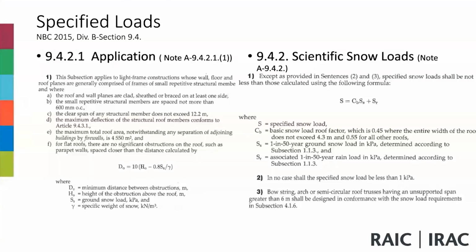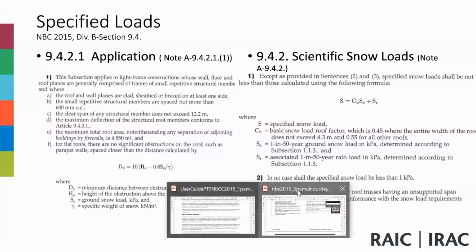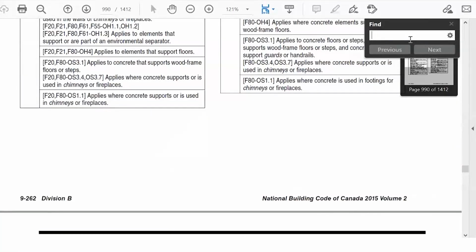This is not scientific snow loads, it's specified snow loads here. So I'll make sure to double check some of the slides here and we'll repost them on the site for you. So that should stay specified. Instead of coming here, I will go to 9.4. And this is where we are in 9.4.2.